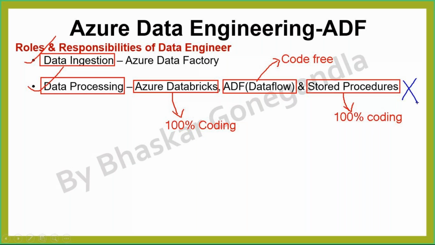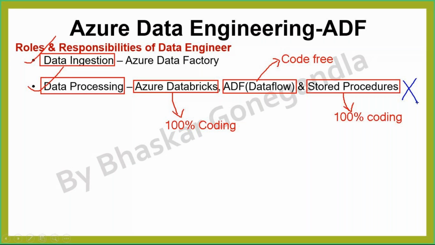So when can we go for these approaches? If the user is not in a position to take the license for Azure Databricks or for data flow, or if they have a very small volume of data and are not interested in spending the amount, it's just because of easiness. If that is the case, then we can suggest it. So we suggested it for one of the clients, since they have completely structured data with a small volume, and they are ready to spend some time to process the data.